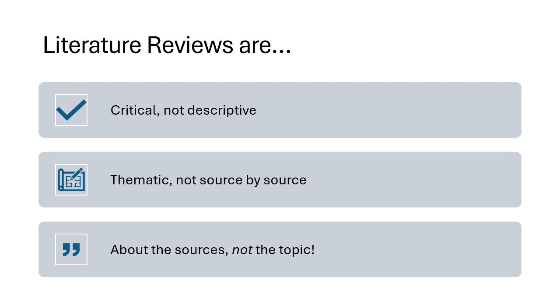Secondly, they're organized thematically. You need to bring sources together, not write about them separately. Finally, lit reviews are about the sources themselves, not about the topics. You're writing about the state of the field, not about the topic itself. In the rest of this video, we'll explore each of these ideas in a little more depth.